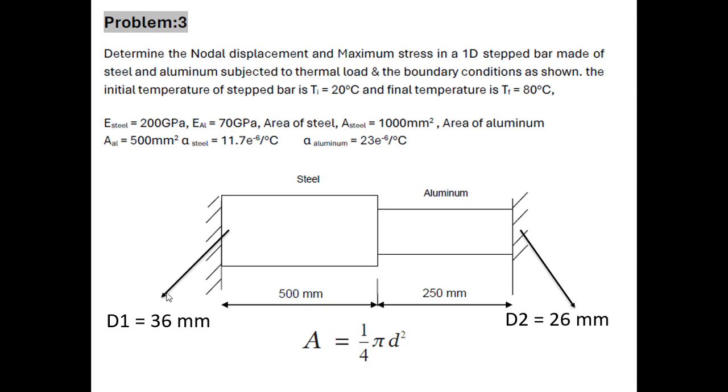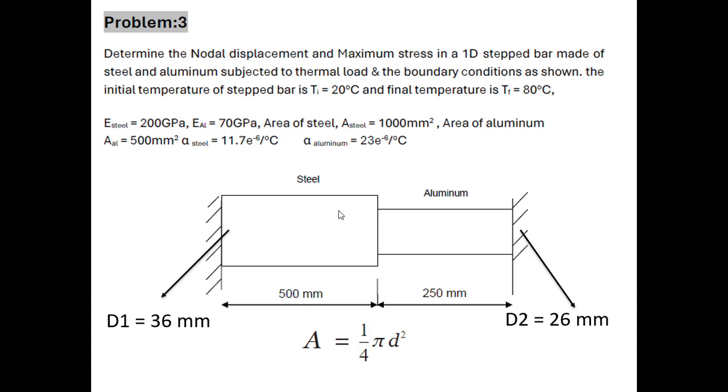So this is the stepped bar given. Both ends of the bar are fixed and this stepped bar is subjected to thermal loading. Initial temperature is 20 degrees Celsius and its final temperature is 80 degrees Celsius. The length of steel is 500 mm, length of aluminum is 250 mm.